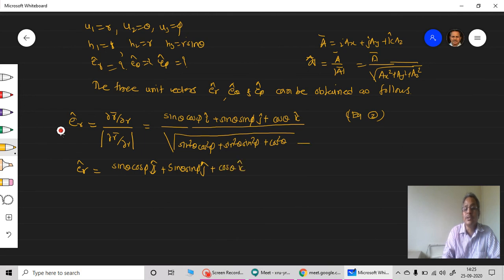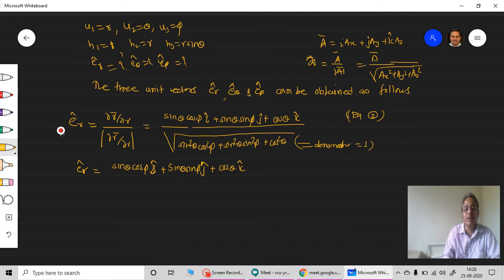And look at this. So it is sin square theta cos square phi. Out of that I can take sin square theta common. So sin square theta into the bracket cos square phi plus sin square phi is 1. So that leaves simply sin square theta plus cos square theta, which is again equal to 1, and square root of 1 is 1. So this denominator is 1. Denominator is equal to 1.